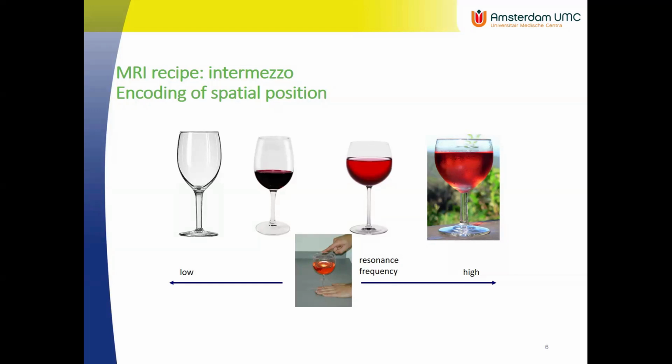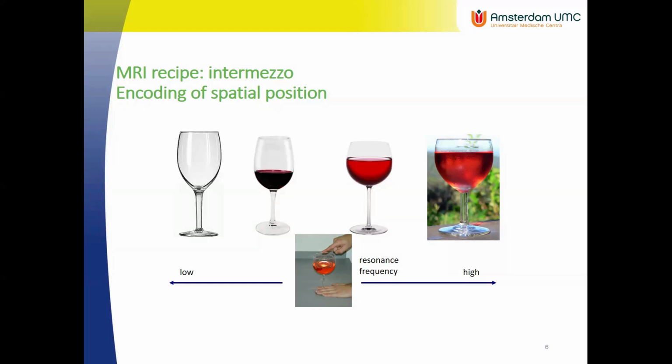If I put the glasses on the table and I do the filling of them, then I know which position of the glass on the table produces which tone. So if I close my eyes and you hit one of the glasses with your finger to produce a tone, then if my ears work well and my memory works well, I could tell you which position the glass is in.